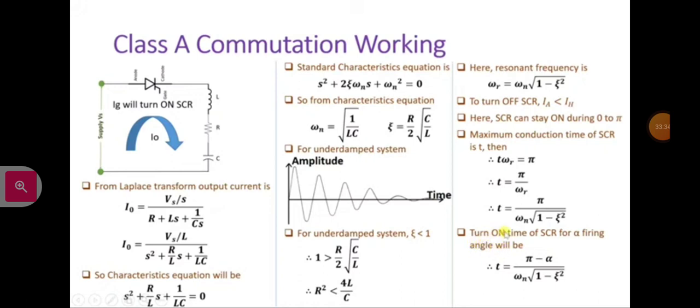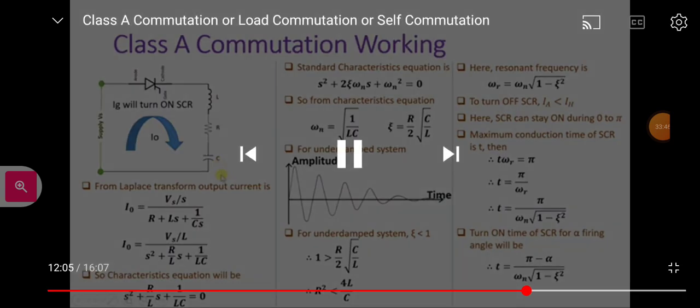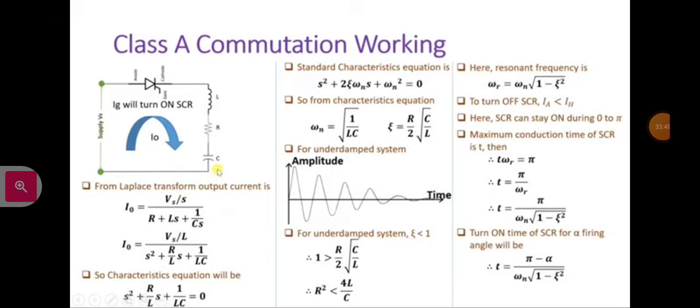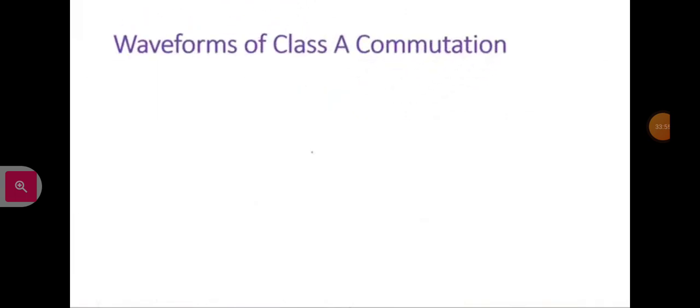And the turning off operation of this method is getting done by the load, which is made up of an inductor and capacitor series connection. So that's why this commutation method is even referred to as load commutation. Now let us try to understand all those things by waveforms.